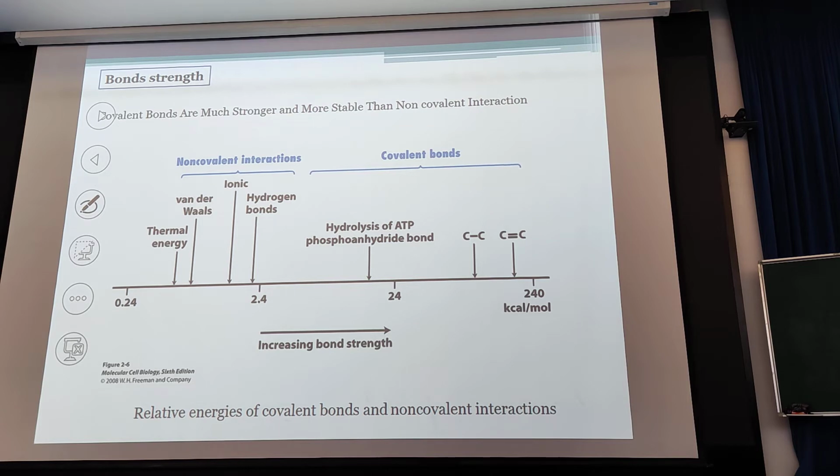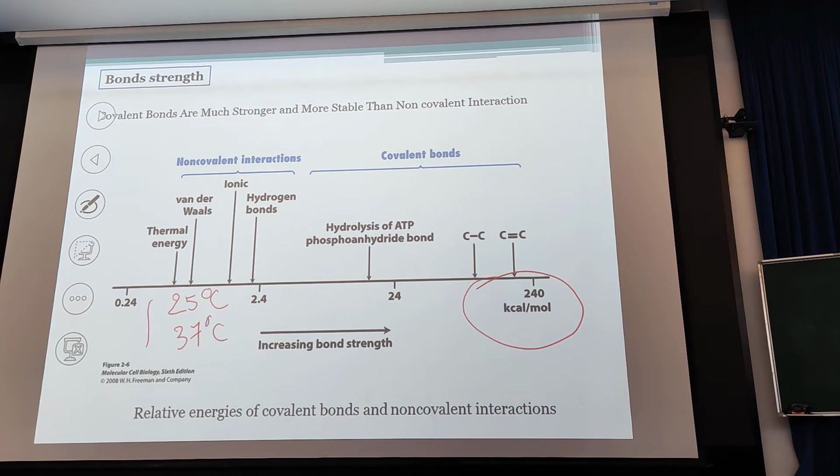They are very stable because the energy required to break them is much greater than the thermal energies available at room temperature, 25 degrees, or 37 degrees in the human body.